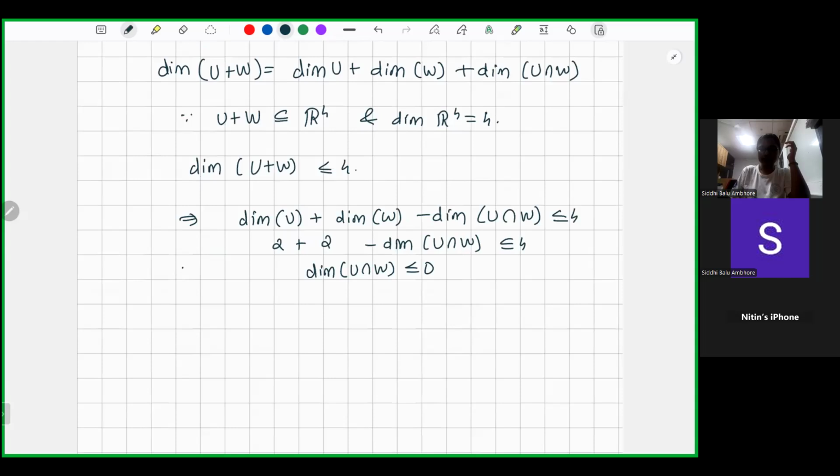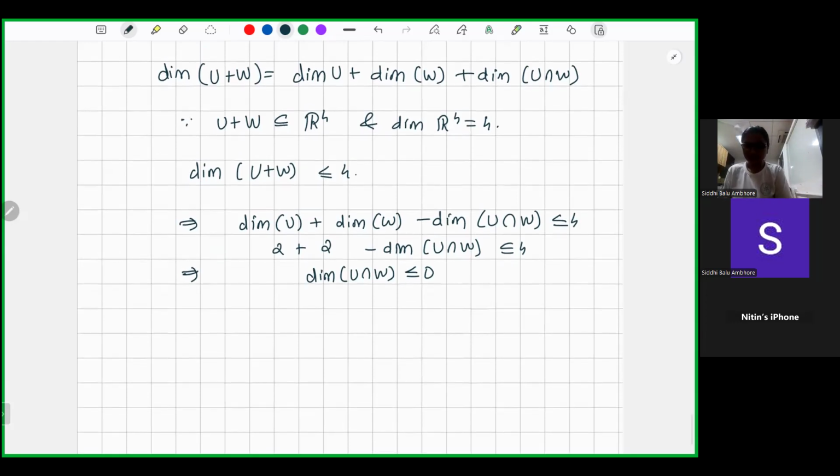But this is not enough. When we write this statement here, we still need to find the dimension of U intersection W for this to make sense.